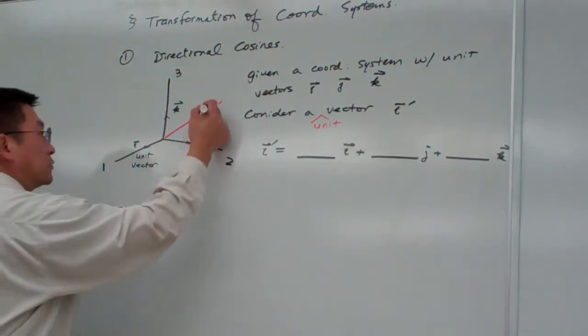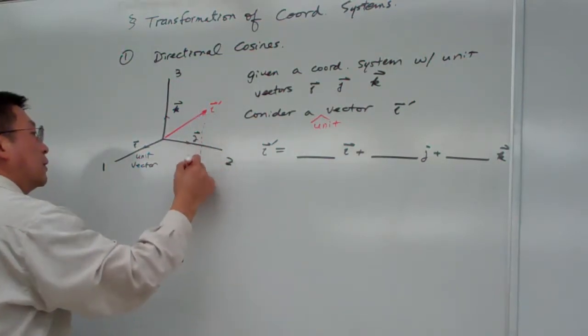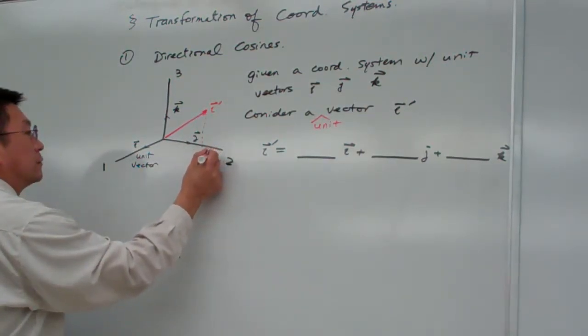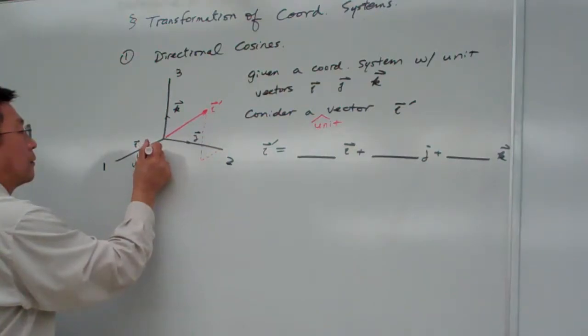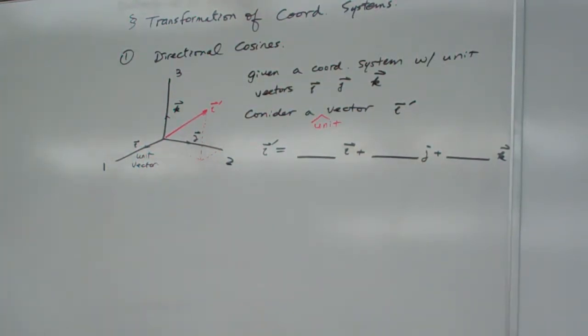And the way we can do this, let me do it graphically. Let me project. From here you can clearly see the coordinates are simply the projections onto each axis.